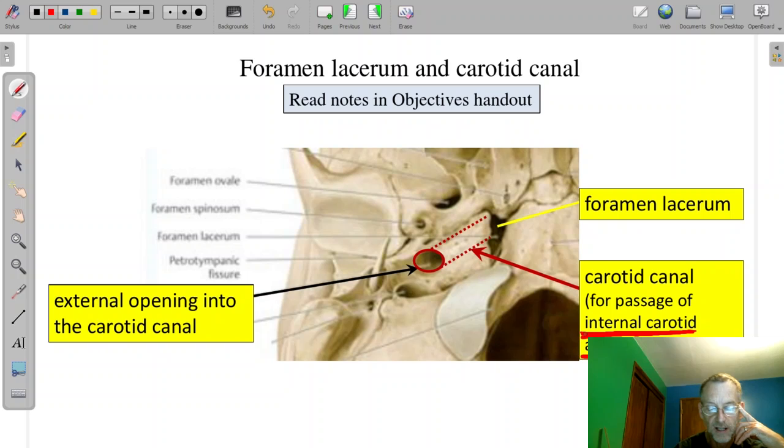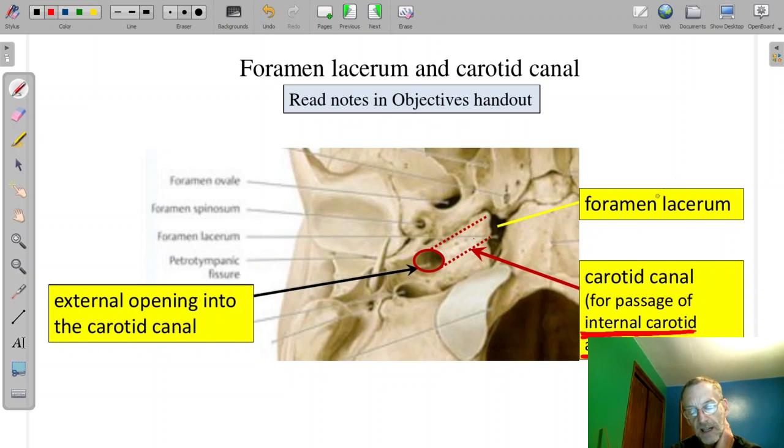It ascends to the base of the skull, and then it enters through this external opening to the carotid canal. And the carotid canal runs through a part of the temporal bone, and I've outlined that in a little dashed red line. So that's a hidden canal, but the artery passes through that.